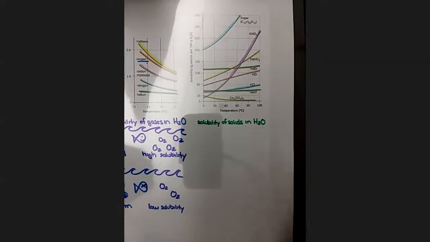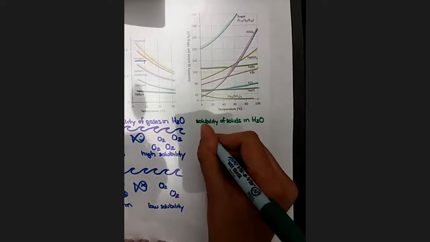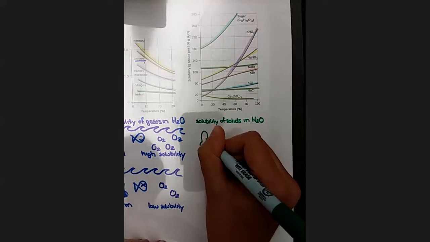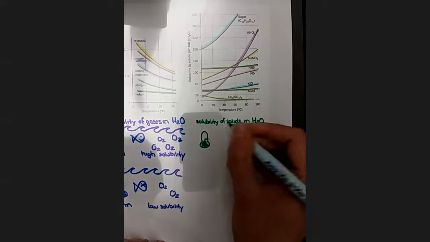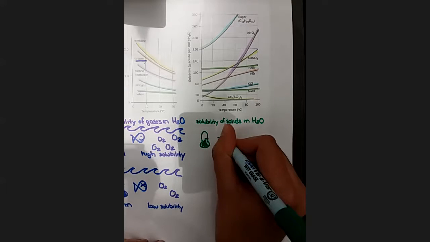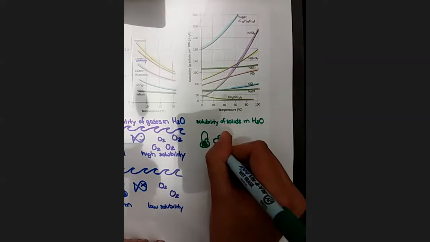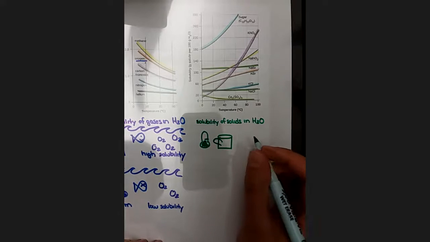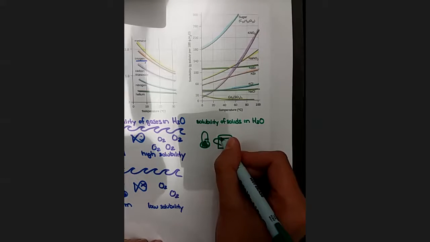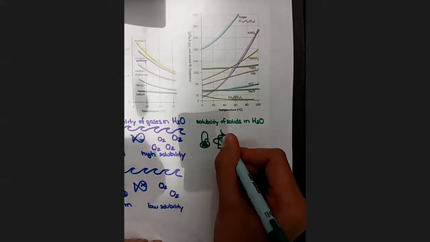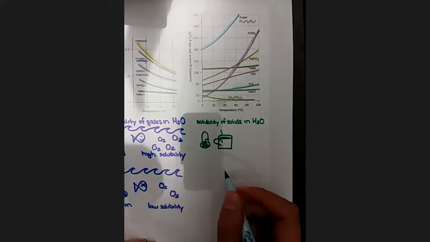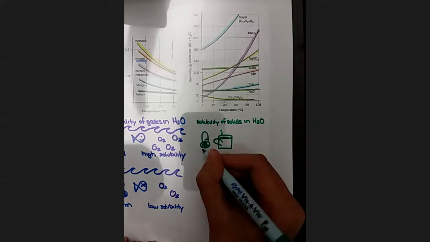Okay, then let's check out the solubility of solids. So we'll do our cold first. We are going to have tea in this picture. Okay, so if we have tea and it's at a pretty cold temperature, we'll put a little bit of steam coming out of the top.